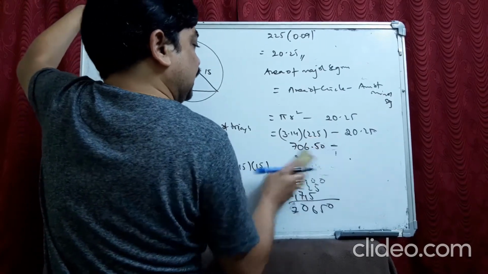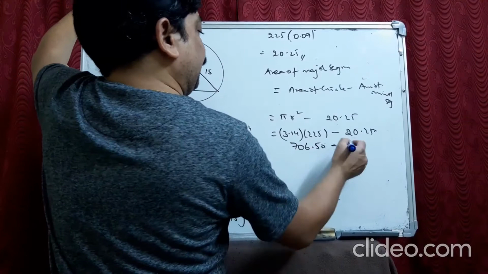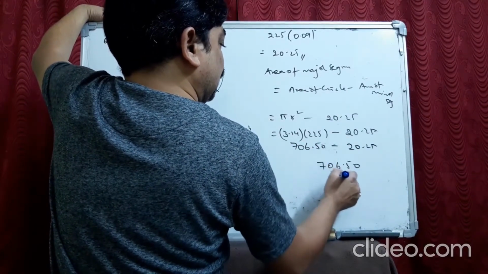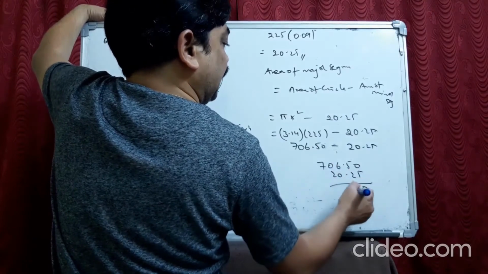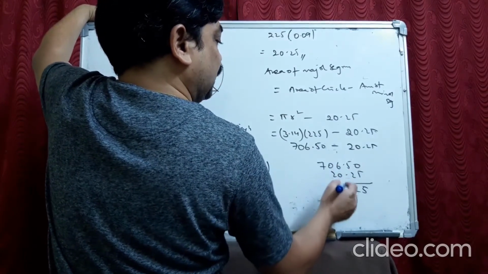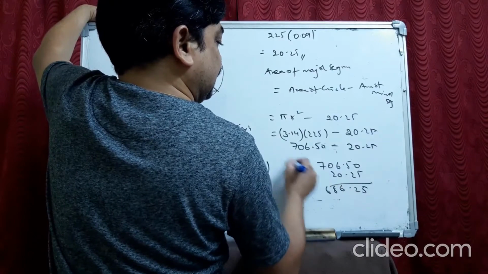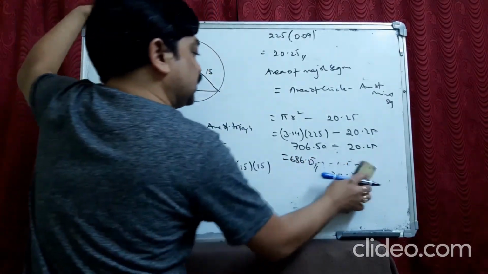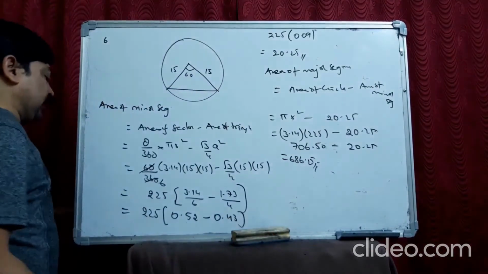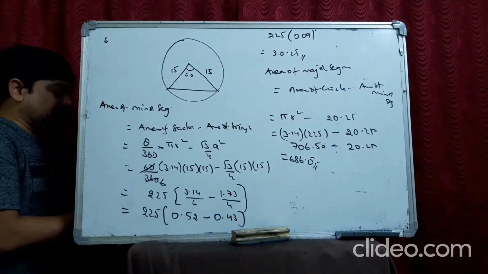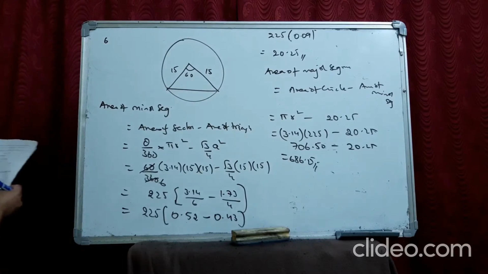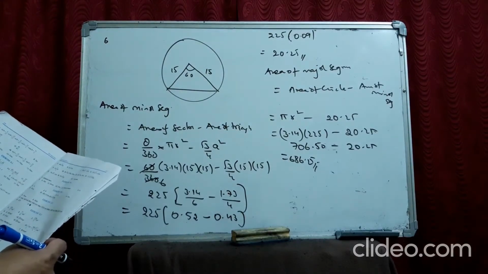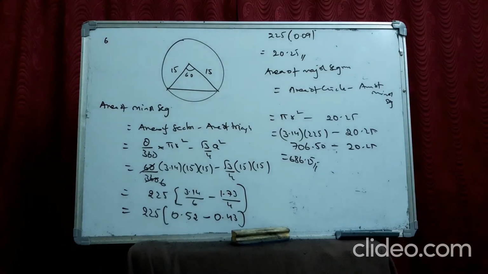Minus 20.25. 706.50 minus 20.25 is 686.25. A little variation from the textbook, because it is enough if you take 2 places after the decimal, but they have taken 4 places, I think. The answer in the textbook is 686.065, but it can be done.